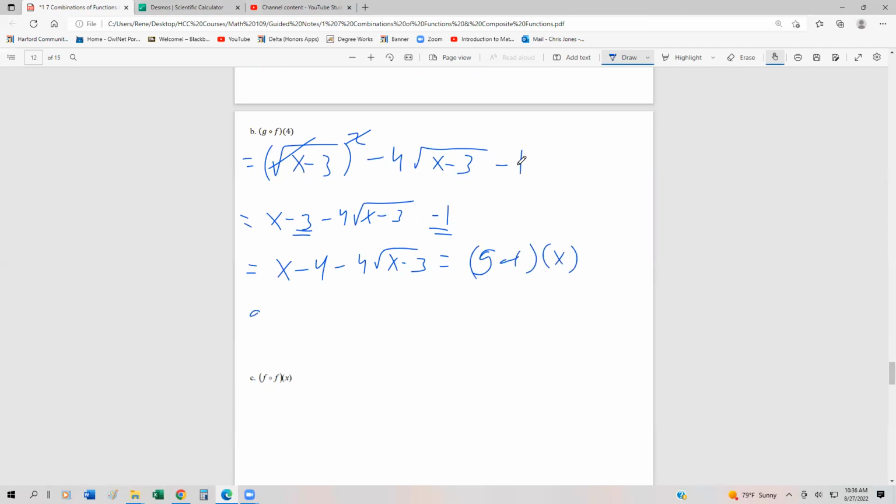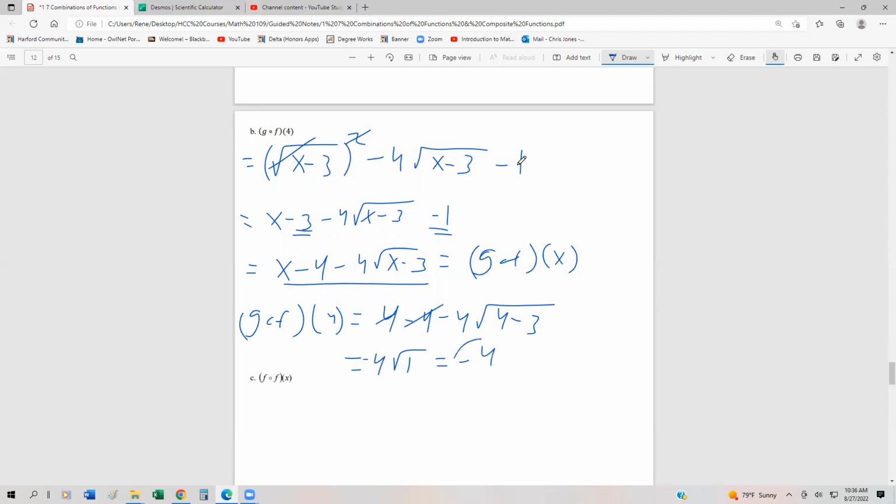But if I want g at f at 4, I just substitute 4 in for x into this expression. So I get 4 minus 4 roots of 4 minus 3. Those 4's are opposites. I get negative 4 roots of 1, which is just negative 4. So that was pretty easy to evaluate.